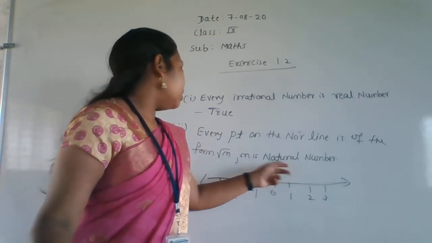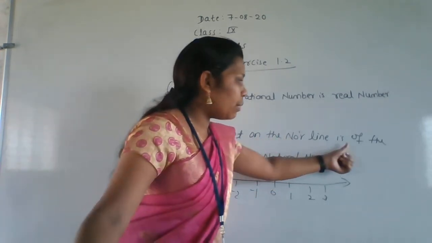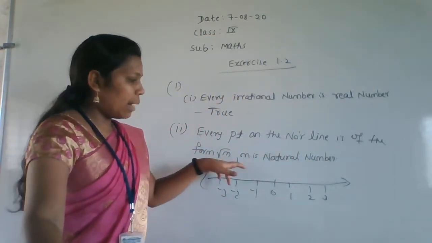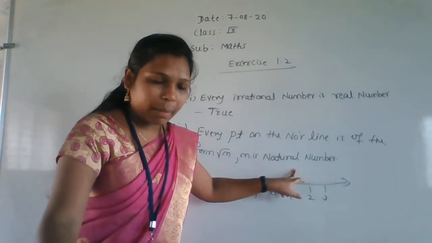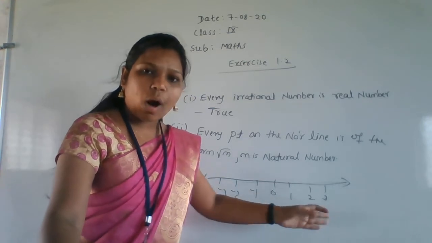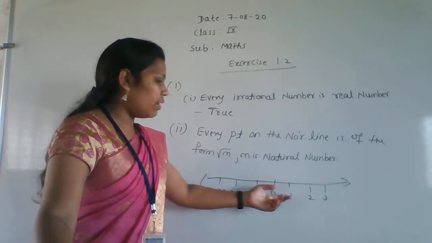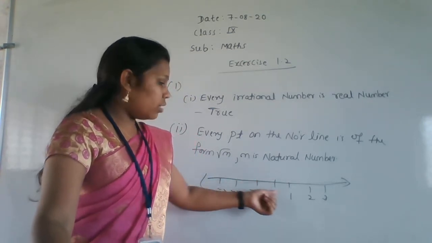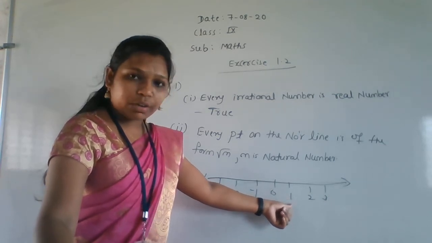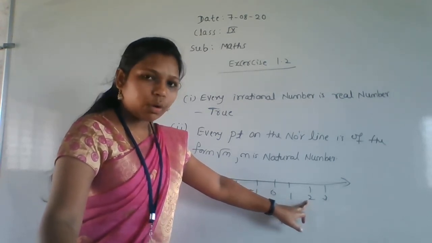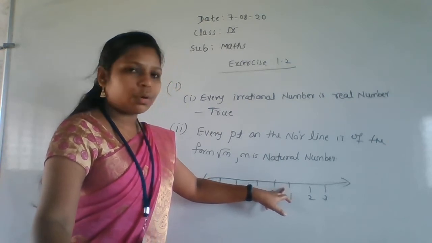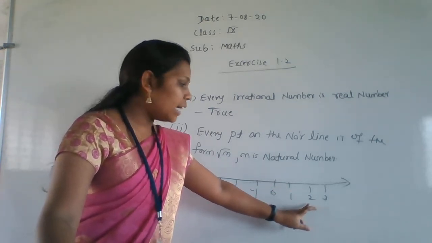So 1 and 2 are not root values. These are particular integers, right? So here every point on the number line is of the form root m, where m is a natural number. Of course 1, 2, 3 are all natural numbers only. Whether root 1 is this one? No. Whether this one is root 2? No. Root 2 lies here between 0 and 1. So it is not like that.